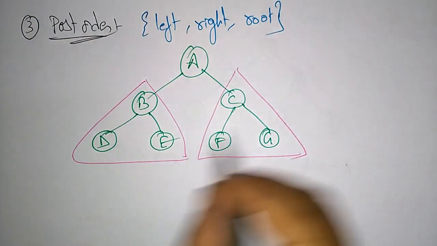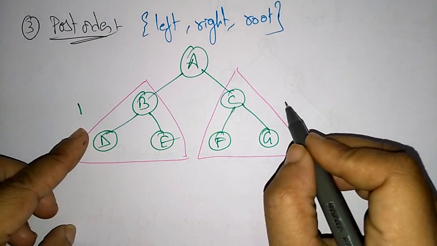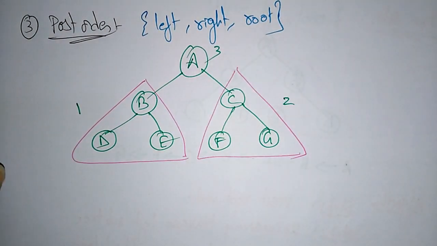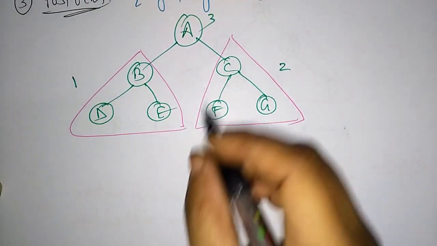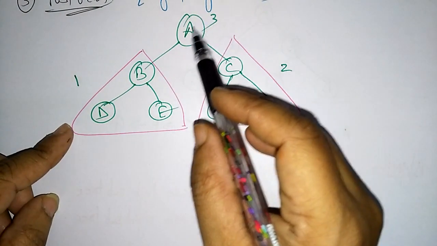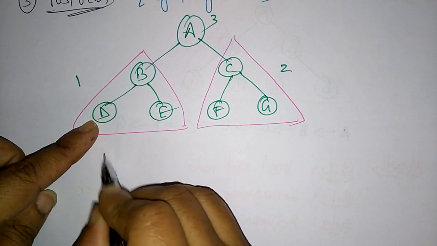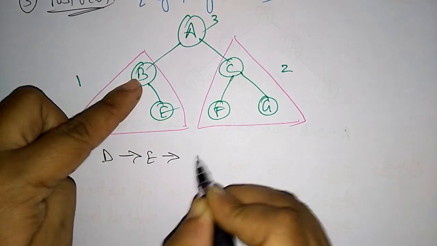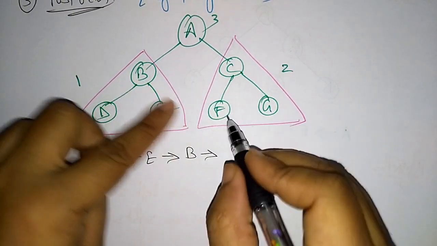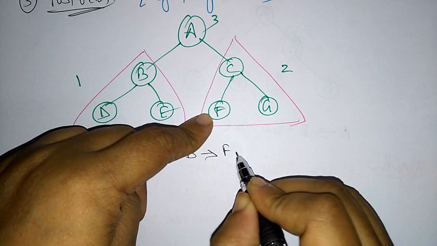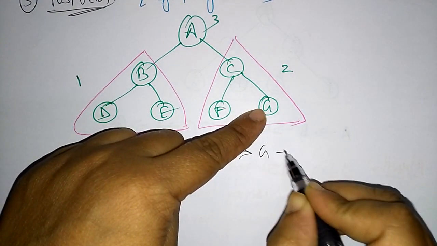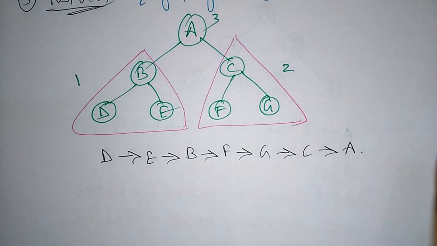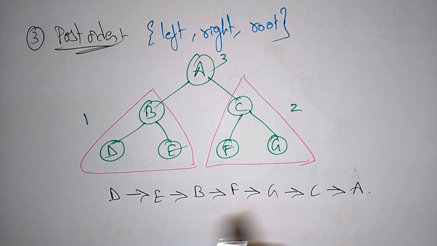First we visit left, after that right, after that root. So what is the path? First we visit the left, D. After left we visit right, E. After that, root, B. Again coming to the right side, complete left, this is F. Coming to the right, G. Coming to the root, C. And finally coming to A. So this is the Postorder path.